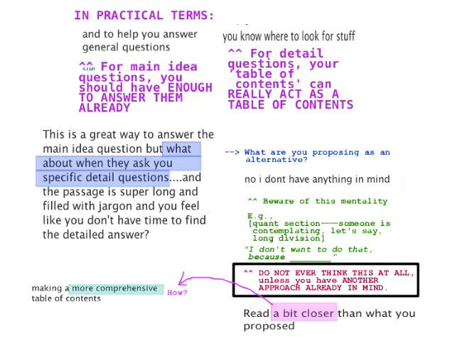Because what you're proposing here, without explicitly saying it, is some sort of intermediate between this overall table of contents that we have here and everything.